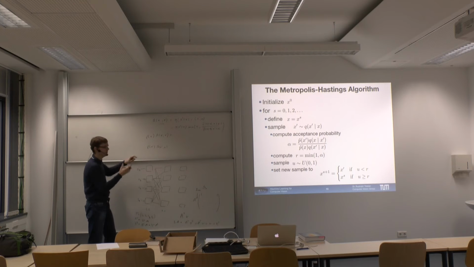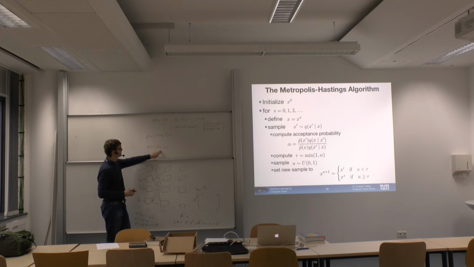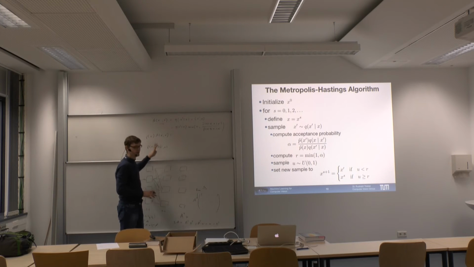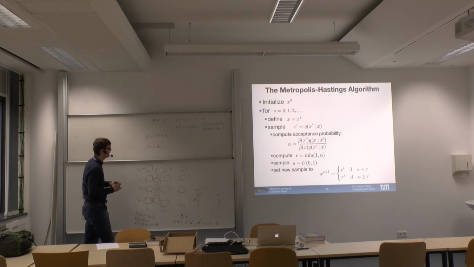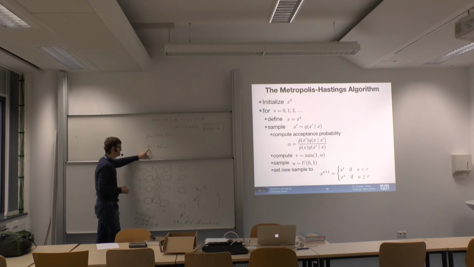We just switch things around. If this is the case, then we know that detailed balance is fulfilled, and then we know that our p is a stationary distribution of our Markov chain, right?